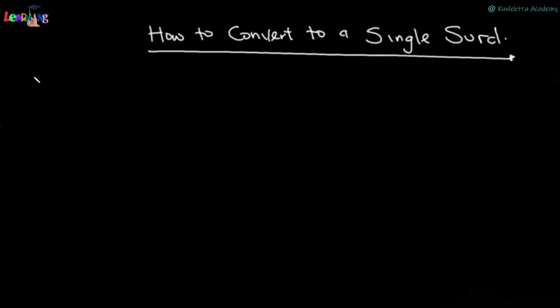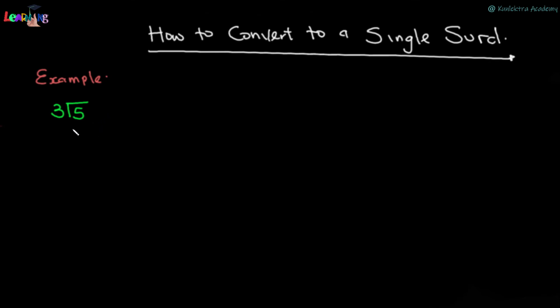Now, how can we convert back to a single surd after simplifying? I'll use the examples I used previously to explain this. Example: express 3 root 5 as a single surd.